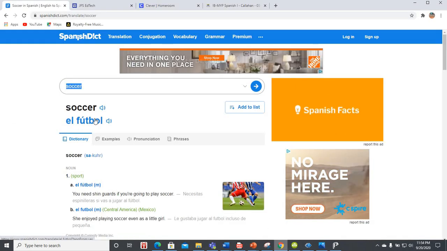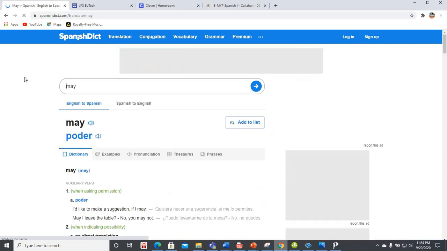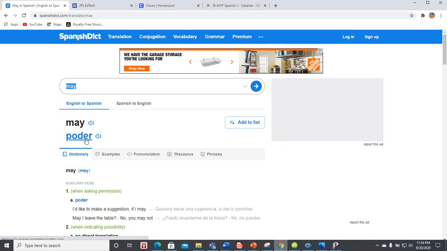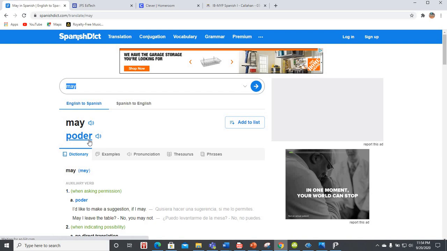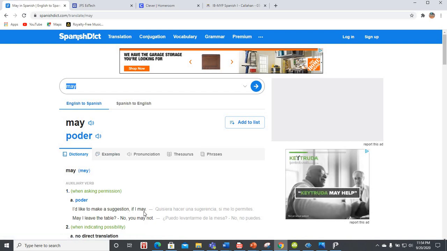Now, let's see. May. It's probably going to give me the month. Oh, it did give me a verb. I know it's a verb because it ends with ER. In Spanish, verbs end with ER, IR, or AR.